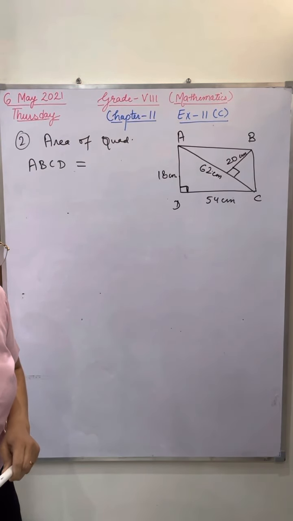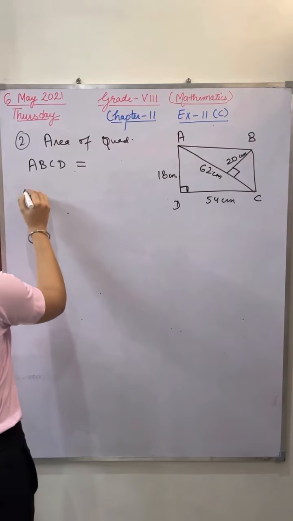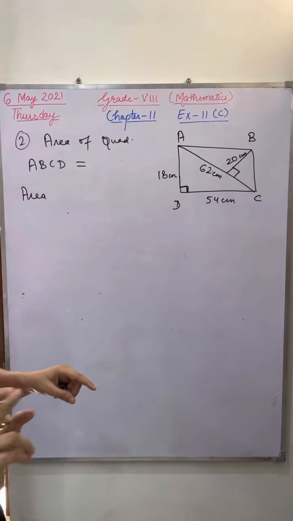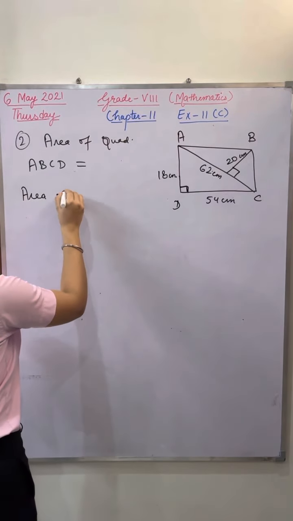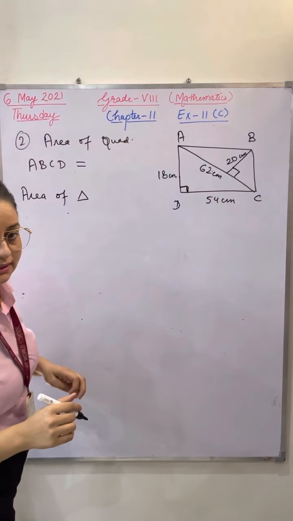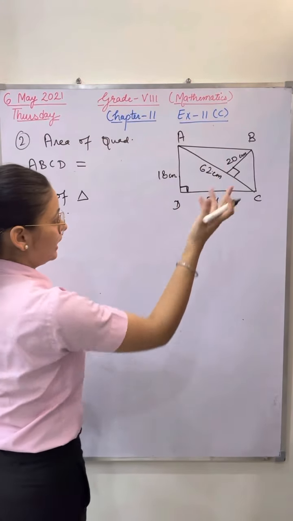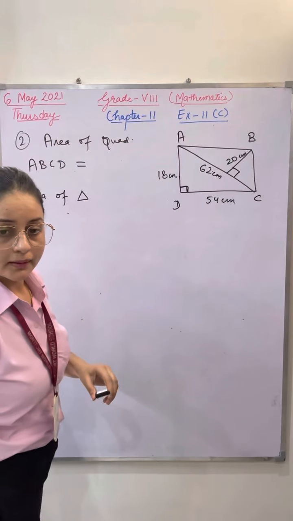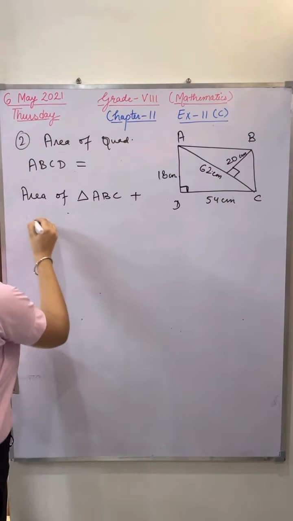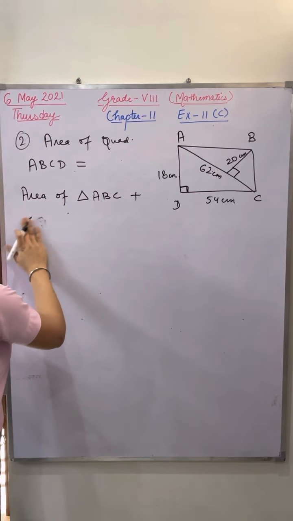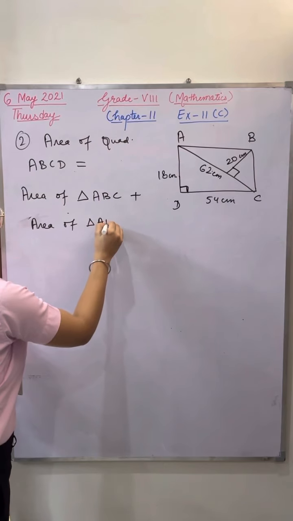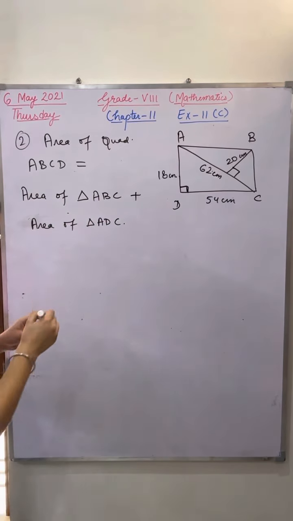Two triangles, that is absolutely correct. Which two triangles? First triangle will be A, B, C. Very good. And second triangle is A, D, C. Very good. Area of triangle ADC. Okay, mute yourself.